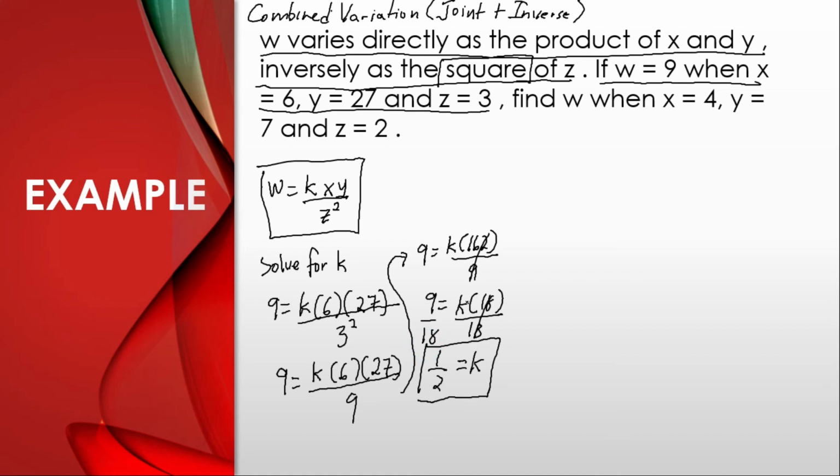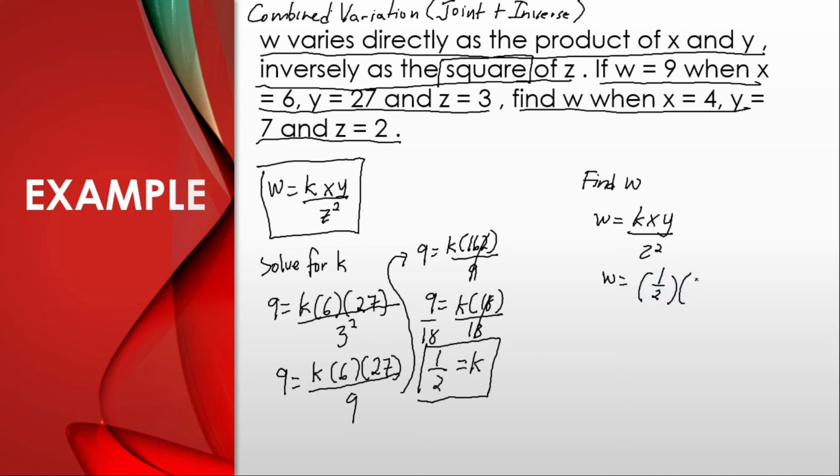Ngayon, since meron na tayong k at meron na tayong equation, we need to find w kasi yun yung hinahanap sa ating problem. So, find w na tayo. So, onto our equation, w is equal to kxy over z squared. Okay, w is unknown. Ang k naman natin is equal kay 1/2 times, what is our x?